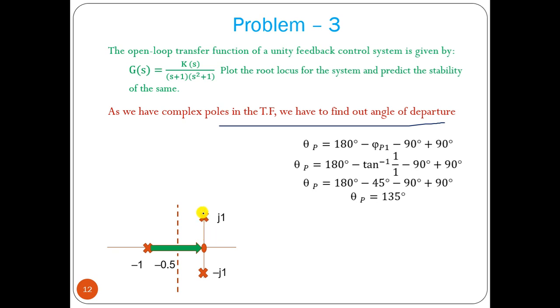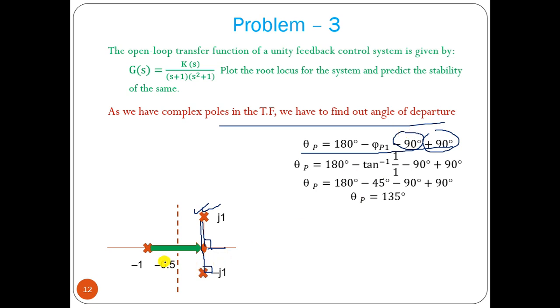Then what we can see, if you consider this pole, that will be theta p equal to 180 degree minus, from this zero, this angle is plus 90 degree. From this pole, if you connect, the angle should be minus 90 degree.